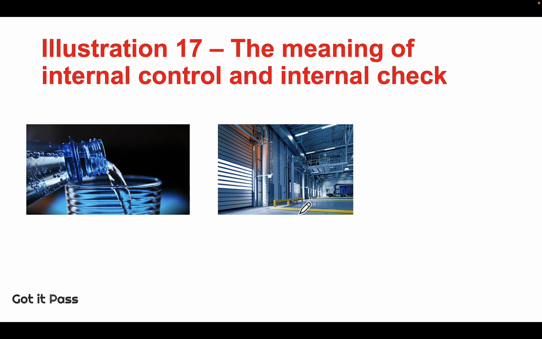Internal controls would be established by management to ensure the security of the inventories and to ensure the accuracy of accounting figures of inventories included in the financial statements. So internal controls will be set up by the management team to ensure the effectiveness and efficiency, as well as whether they can secure the inventories.